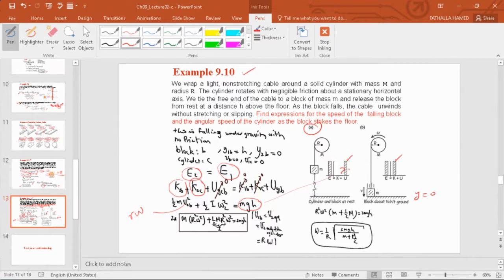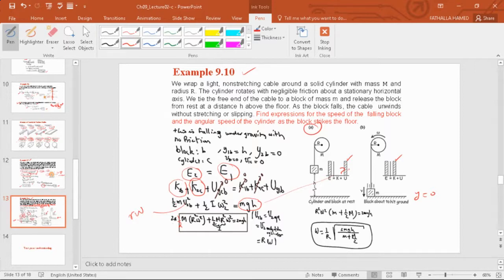So if you want to write your energy, it will be 1/2 m r squared omega squared plus 1/2 I omega squared. Now you want to look at your moment of inertia here, and the moment of inertia is equal to 1/2 mr squared. It should equal the energy mgh.